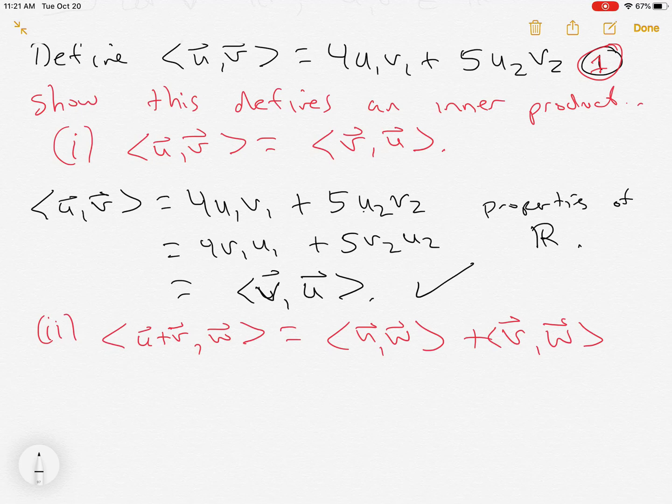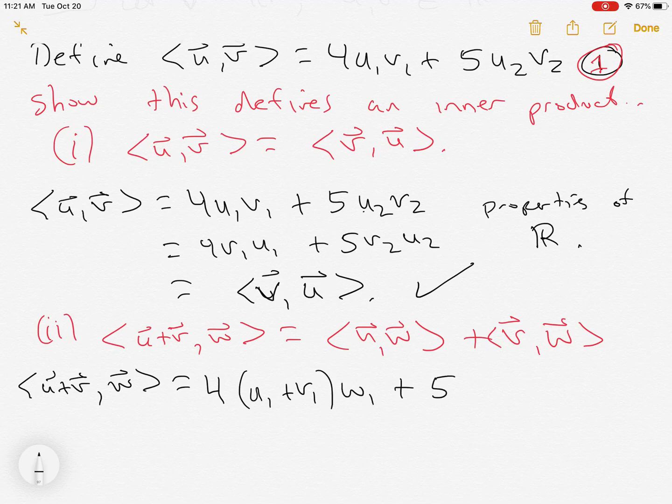So start on the left here. u plus v inner product w equals 4 times u1 plus v1 times w1 plus 5 times u2 plus v2 times w2.